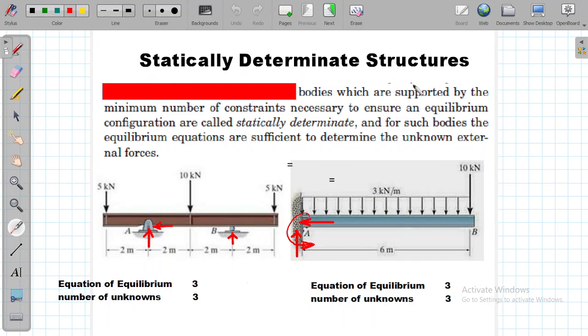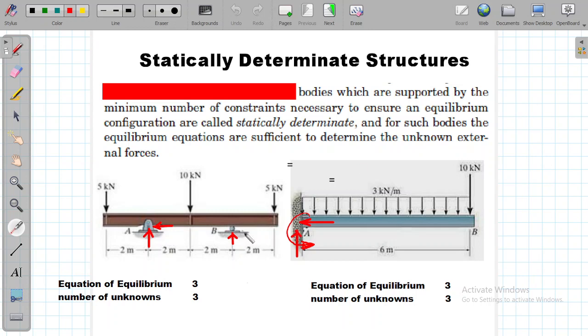You can always find this out by looking at a structure with this equation. If the number of unknowns from the supports that are supporting the structure is equal to the equations of equilibrium, you will always say that the structure is statically determinate.